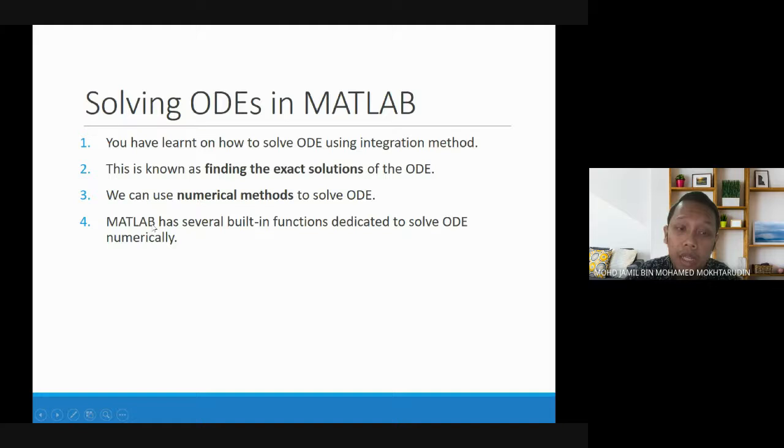In Matlab, there are many functions specifically used to solve ODE. We are going to look at what these functions are and how to write code to solve ODE in Matlab.